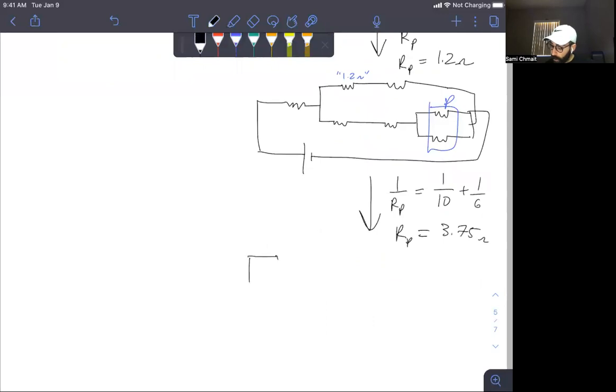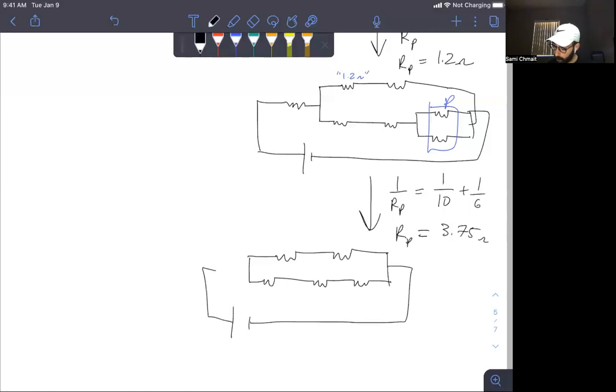So again, we get to redraw it. All right, what we're left with is this. Here we have the 1.2, and now here we have another, effectively, 3.75.